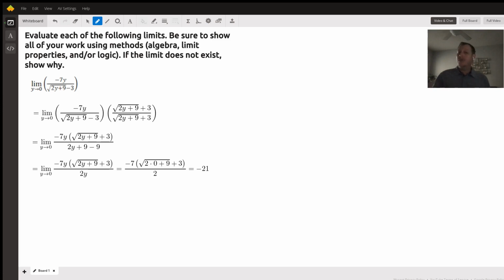So our function is actually approaching the value of negative 21 as y approaches 0, but the function itself does not exist. It's annoying at your level, at this point in your math career, but we do need to be very, very specific about what we're saying. So keep that limit notation, keep those equal signs, and then watch out for algebra. All right, good luck.